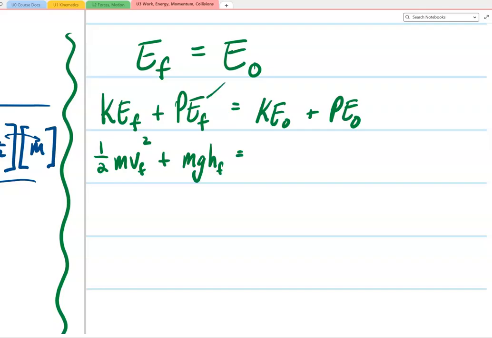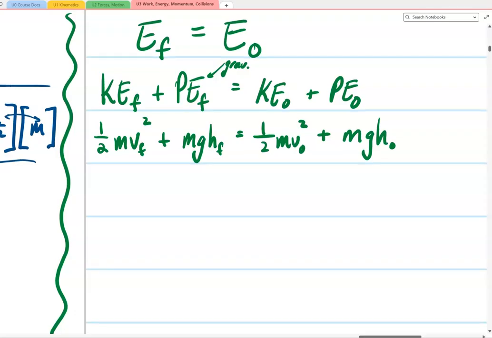And this, again, is gravitational potential energy. We don't have spring potential energy or anything like that. We're going to use 1/2 mass velocity squared for our kinetic energy at the beginning. We'll use a subscript of 0 to indicate that. And similarly, mgh subscript 0 for our initial potential energy due to gravity.